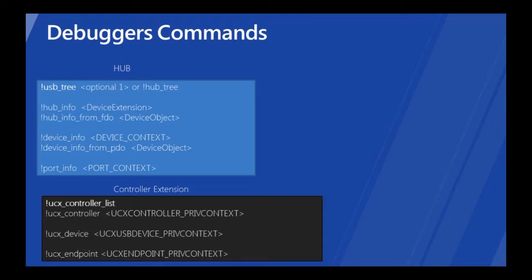You can inspect the internal state of these entities by using the !ucx commands. So we have one command for controller, one for device, and one for endpoint. The pivotal command again is !ucx controller list. That command will point out all the other commands that you can run to get more information.